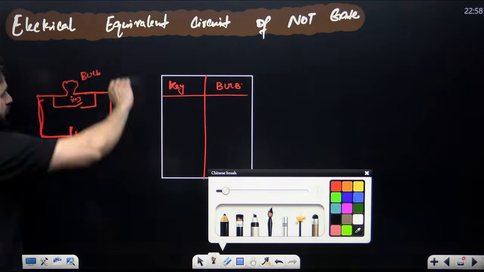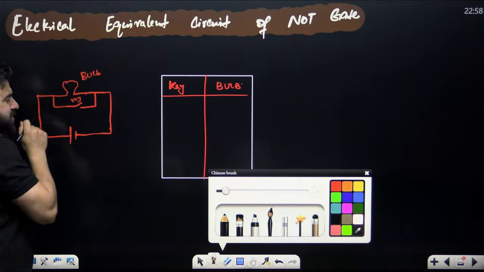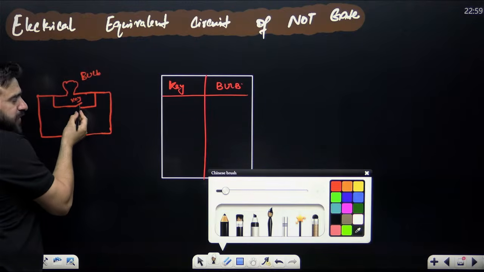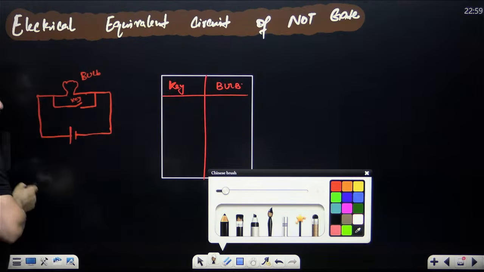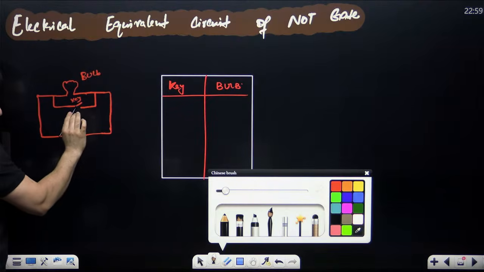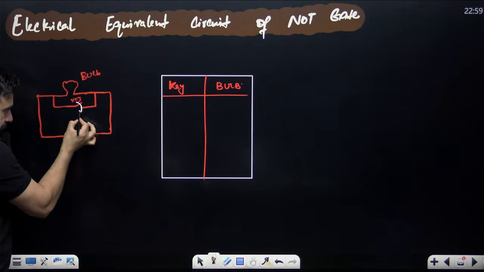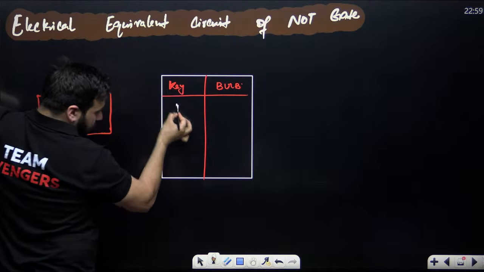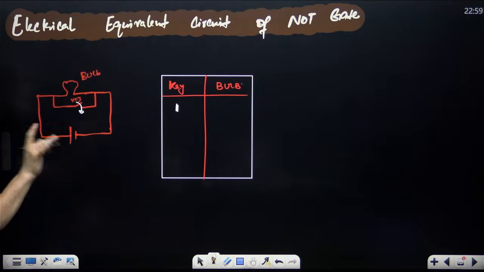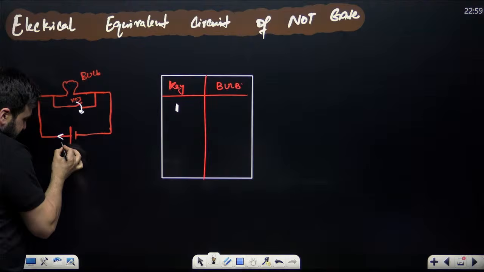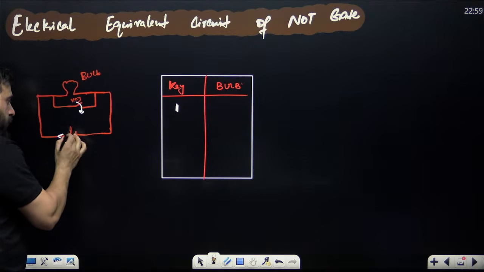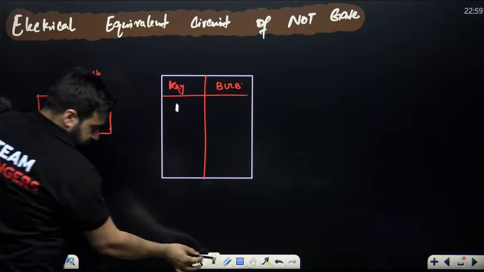See guys, this is a key. Let's suppose, my dear NEET aspirants, key means input. This is input and this is output. Let's suppose if you keep the key on, that means 1. In that particular case, this battery will send the current. Current always flows in a loop, so current has two paths.